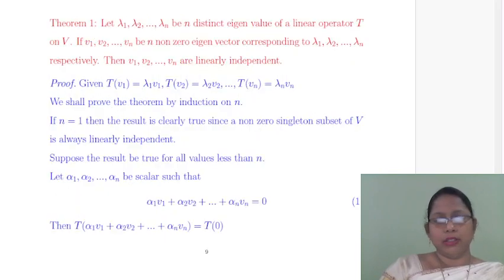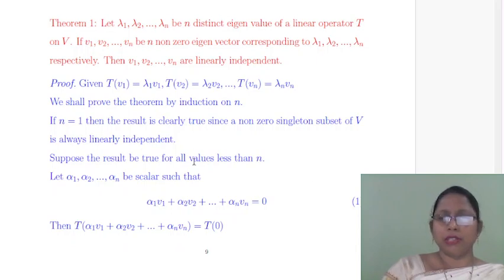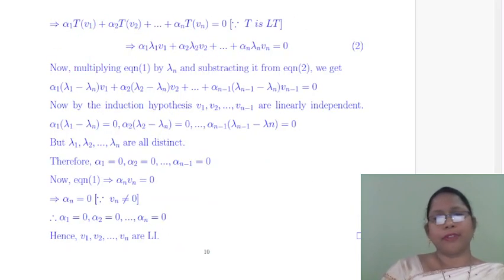In the beginning, in the induction hypothesis, we considered the result holds for all values less than n. So this set of vectors b1, b2 up to bn minus 1 is linearly independent. That means these coefficients are 0. That is, alpha 1 times lambda 1 minus lambda n is equal to 0, up to alpha n minus 1 times lambda n minus 1 minus lambda n is 0.